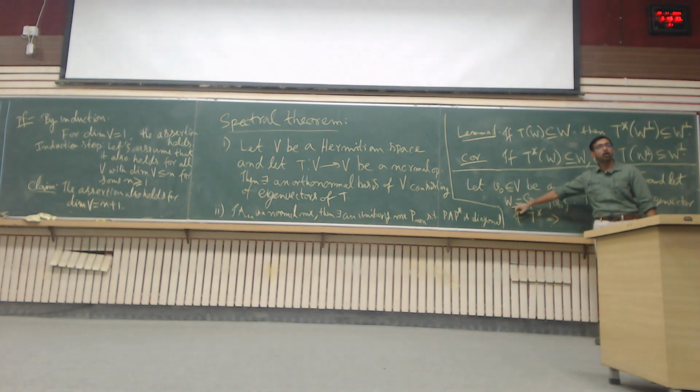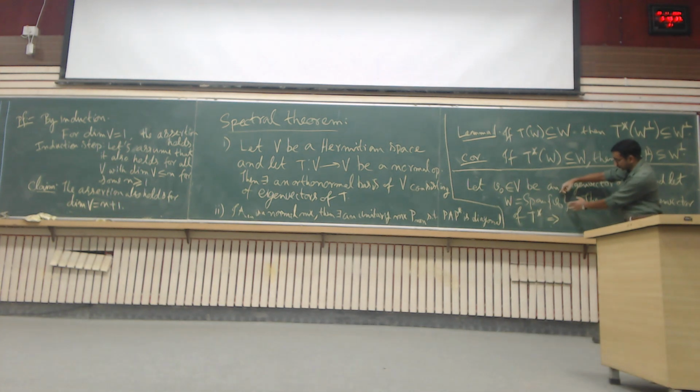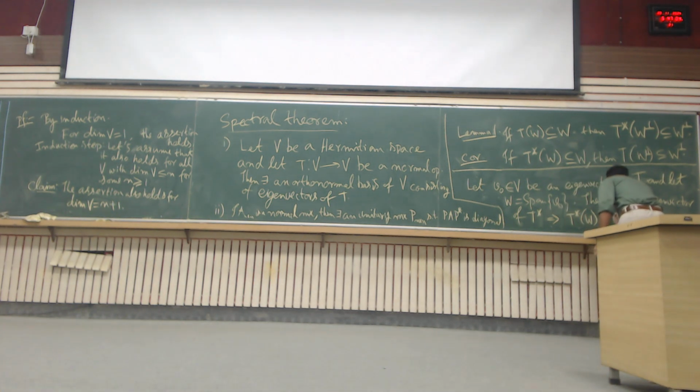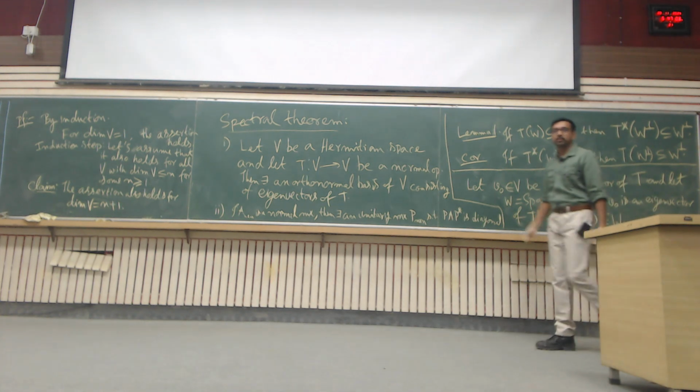What is the span of V0? It is a line passing through the origin. And since V0 is an eigenvector of T star, if you apply T star on V0 or on the span, you do not go away from this line. You remain in the span. In particular, the span is invariant under T star. Okay? So that implies T star of W is inside W, is a subspace of W.